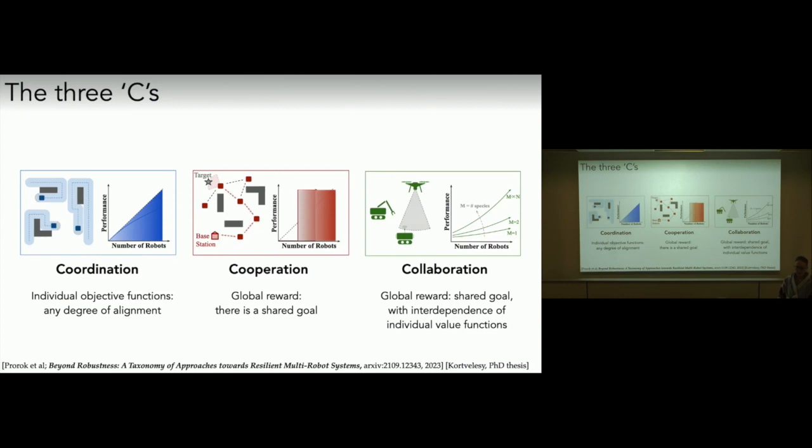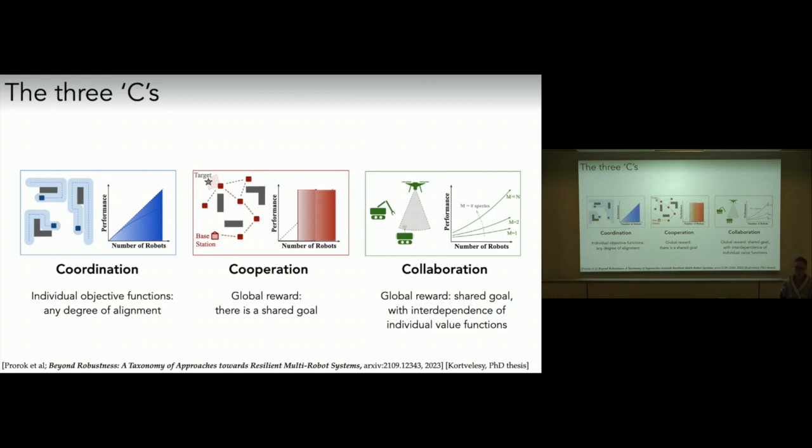Coordination is something where we're thinking of problems such as multi-robot coverage, where we can gain performance as a function of the number of robots we're deploying in the system, but it's sublinear in terms of performance gains. Cooperation can give you higher gains, so potentially superlinear, but there might be a threshold effect.